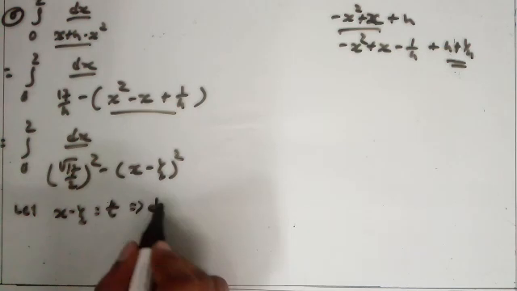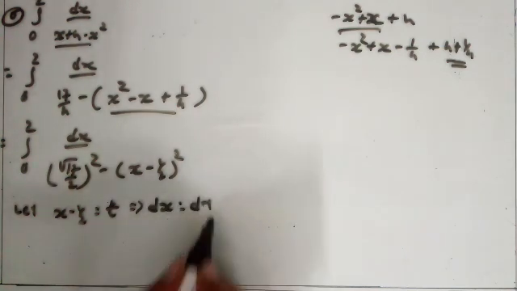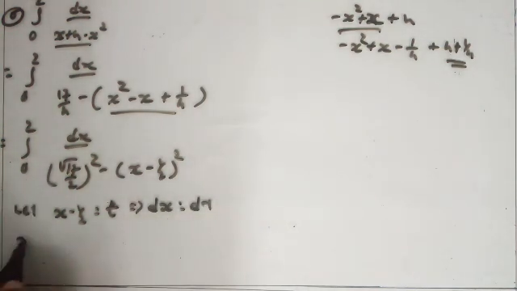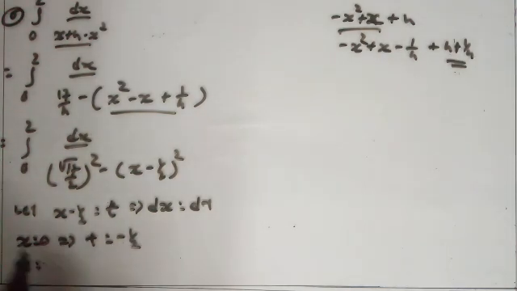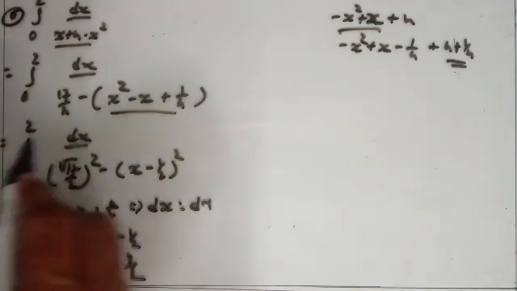This implies dx is equal to dt. Now change this limit. X is equal to 0 implies t equal to 1 by 2 minus. And x is equal to 2 implies here 2 replace this, so 2 to 4 minus 1. So t is equal to 3 by 2. Okay. Now change this limit.